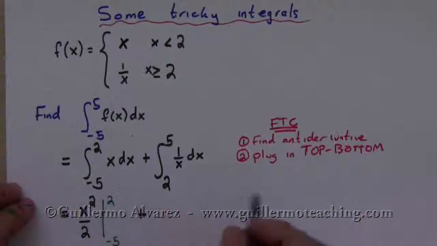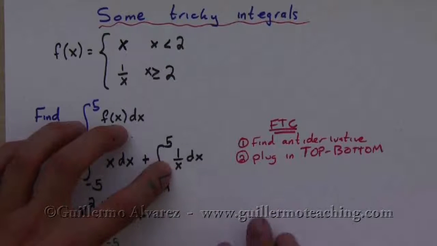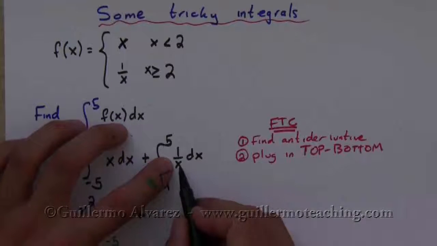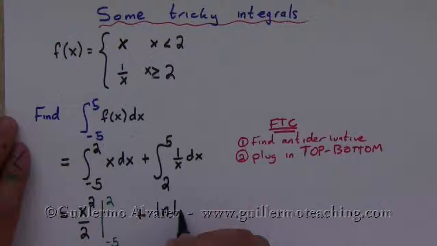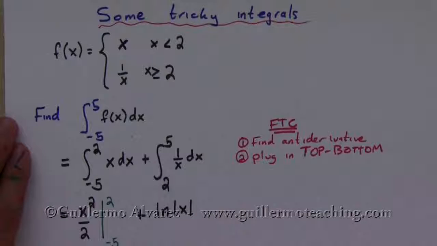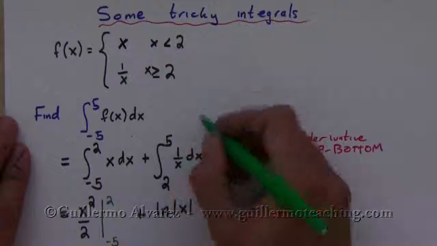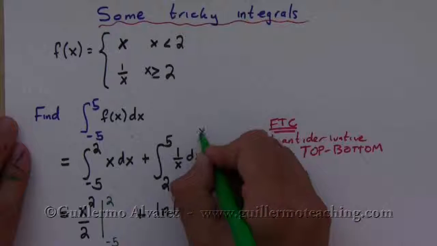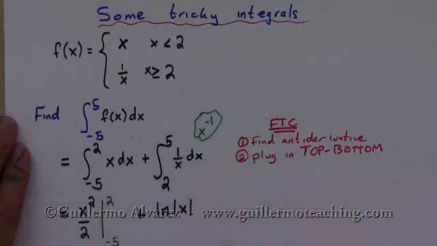Okay, and then plus the antiderivative of 1 over x. Here you have to be really careful because we can't use the power rule for this one. The antiderivative of 1 over x, remember, is just natural log of the absolute value of x. You got to be careful with that one. Also, 1 over x is also equal to x to the -1, and we got to keep that in mind too.